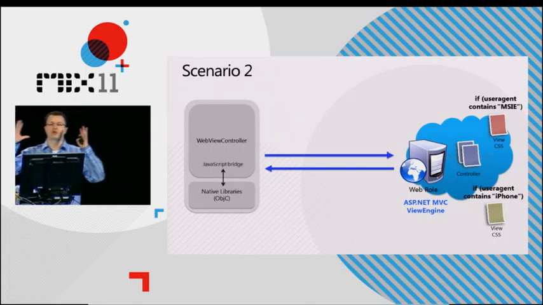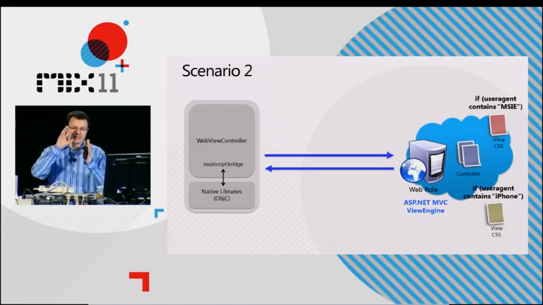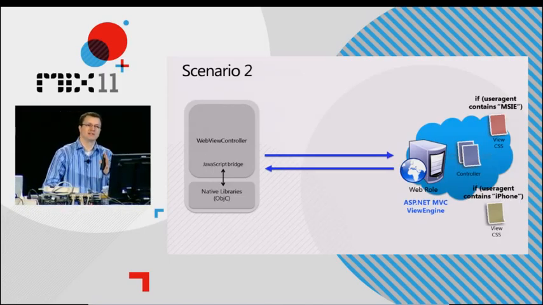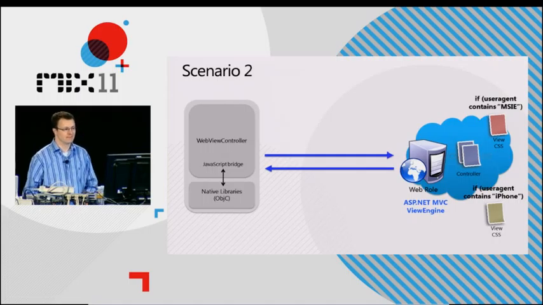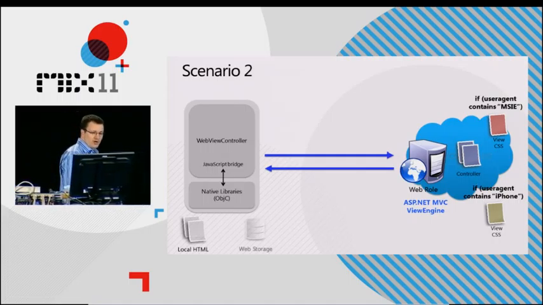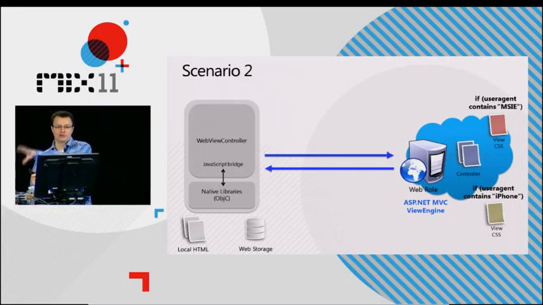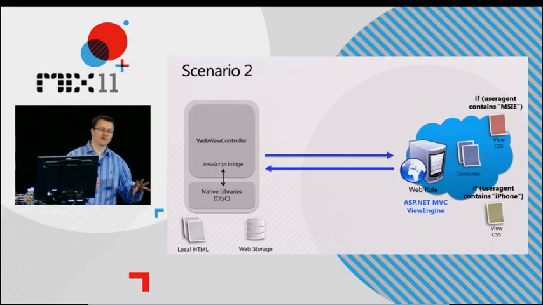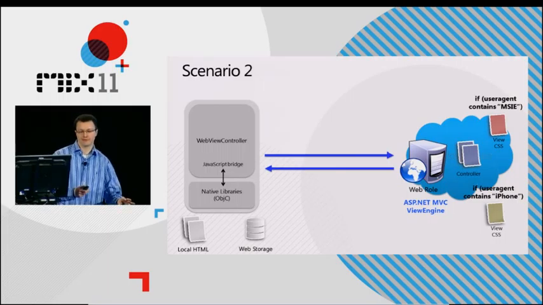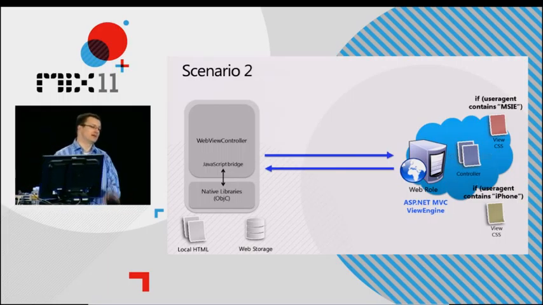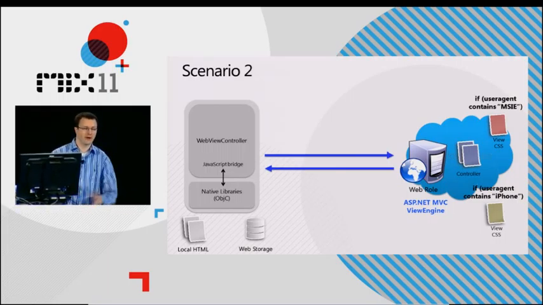That means I can create a piece of HTML that has a JavaScript function that accesses local things on the device. In addition, I can also access local storage. So not only can I go to the web role in Azure, but I can also access local HTML files on the device, or maybe even write something to the HTML5 web storage framework for persistent storage.